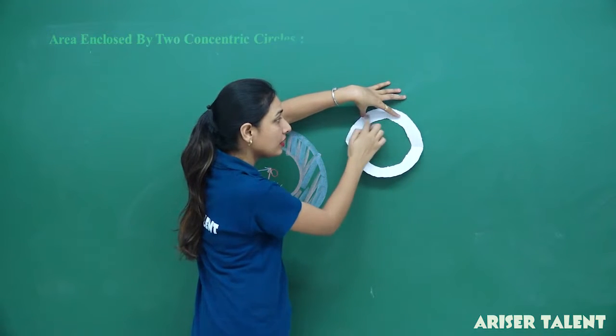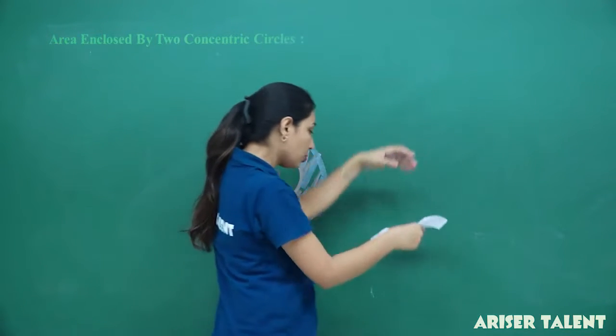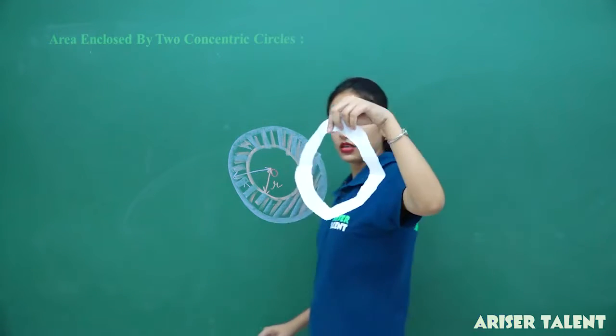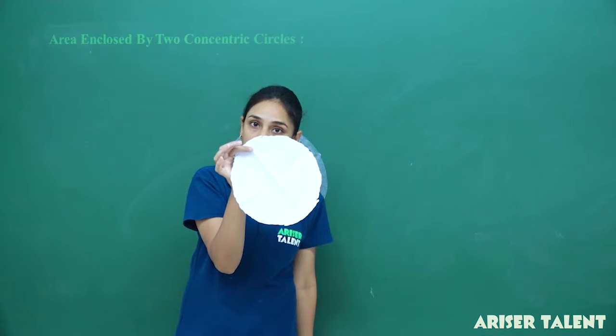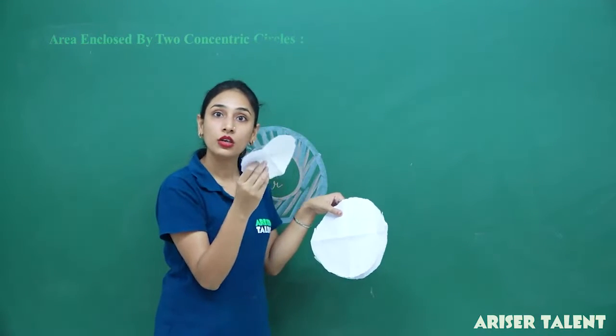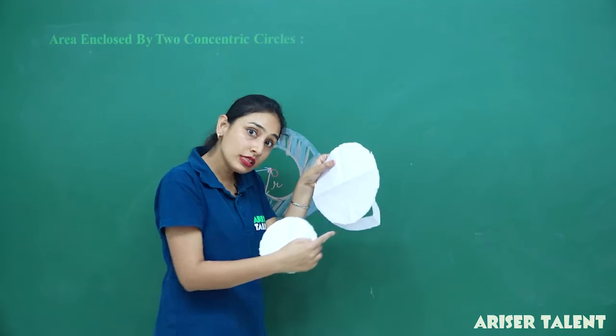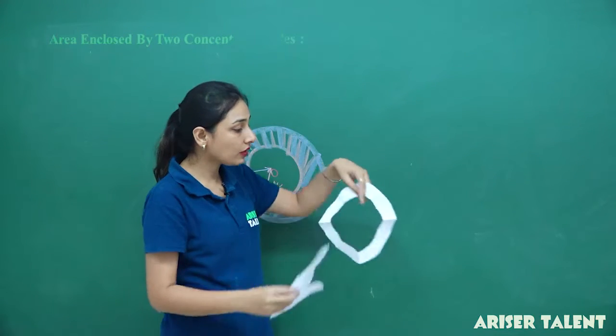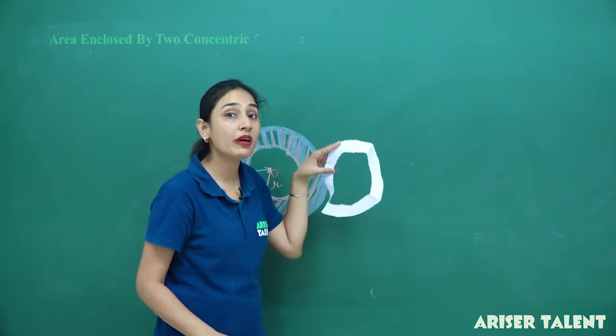So, I am talking about this area only. So, what will be this area? I took a circle of this size and I just removed the small circle from there. So, understand, the area of this circle minus the area of the small circle will be equal to the area enclosed by the two circles.